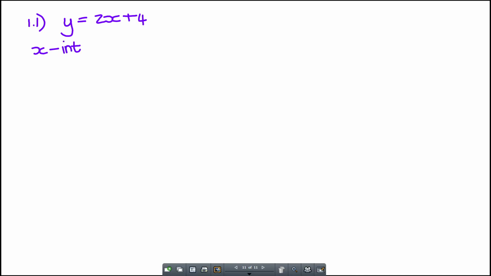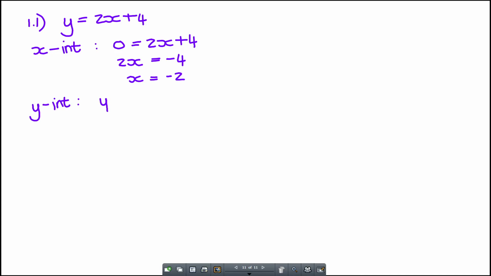Die x-afsnit. So ek maak vir y 0. So 2x is gelyk aan -4, which means that x will be -2. Okay, then we also need the y-intercept, die y-afsnit, en dan maak ek mos vir x 0. Okay, so y is gelyk aan 4.